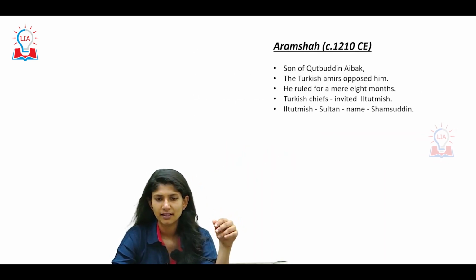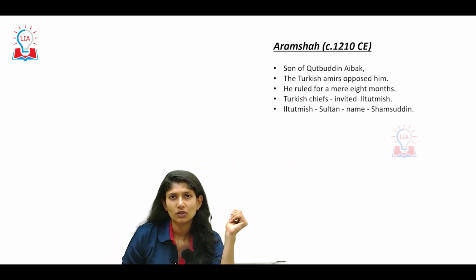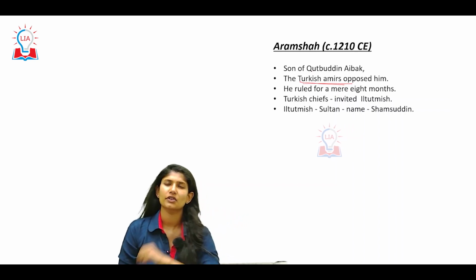The next in line is your Aram Shah, who was the son of Qutb-ud-din Aibak. Now look at this particular word, Turkish amirs.